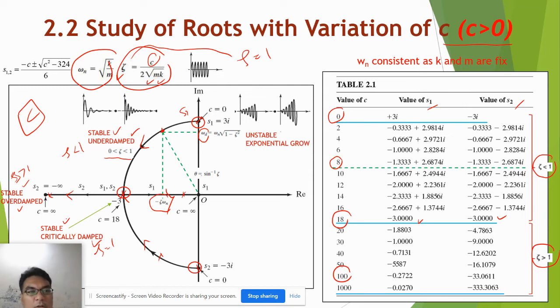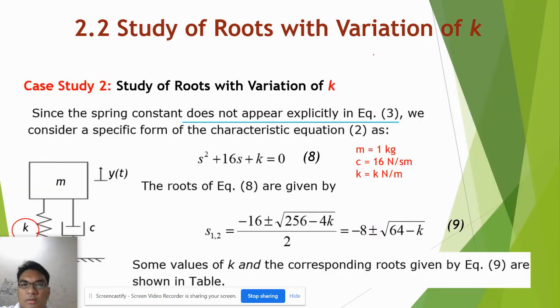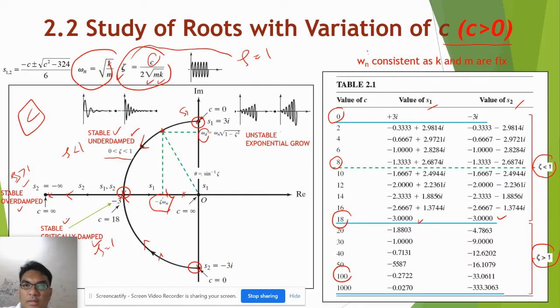So there is a lot of parameter information that can be extracted from the root locus, for the variation of the C value. In this situation, omega n is constant because you have a fixed k and m value.